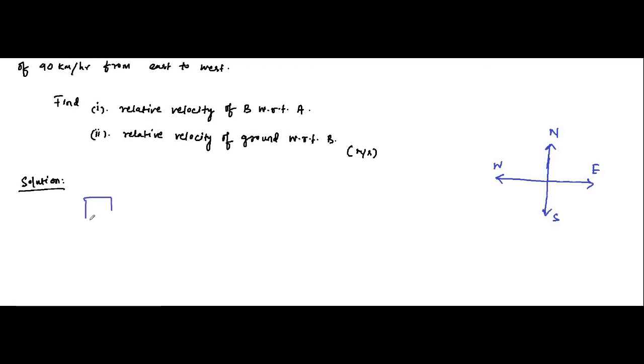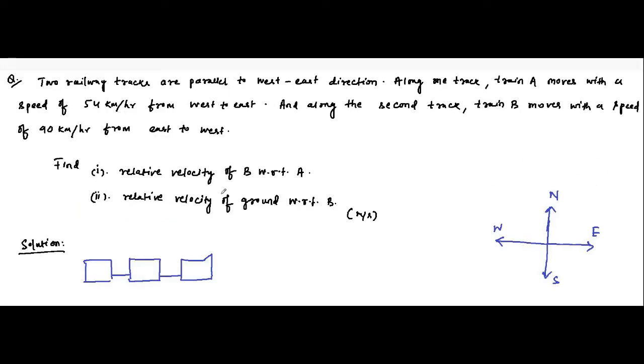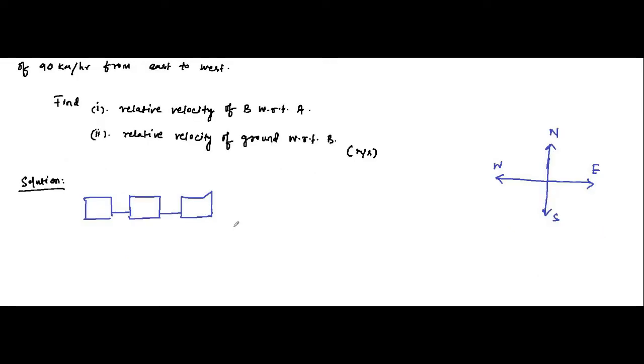Okay, let's say this is train A. It is moving from west to east, that is along this direction, with a speed of 54 kilometers per hour.